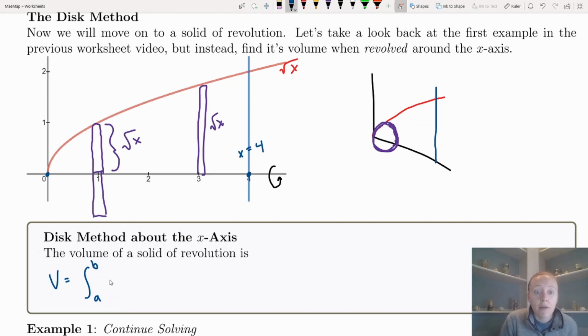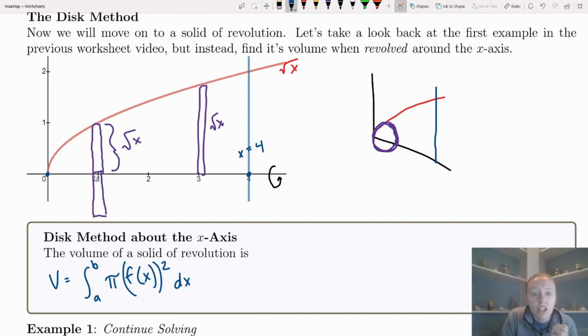And then we need pi r squared, but our radius is a function of x. So that r is going to be f of x. So we're going to have pi f of x squared. There's our pi r squared. And then we're going to integrate that with respect to x.